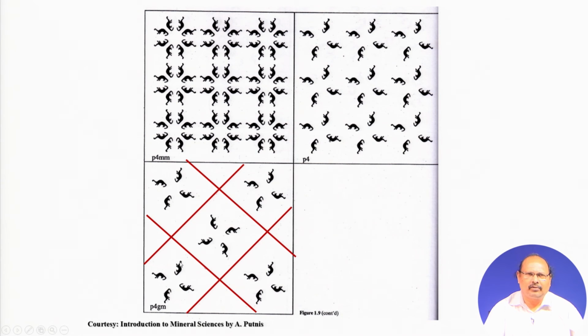And in this case, you have the situation of P 4 G M. So, in this situation you have a 4-fold axis of symmetry, and where you have a mirror plane, it has been combined with the glide plane here. So, this is one orientation of mirror plane we have called.